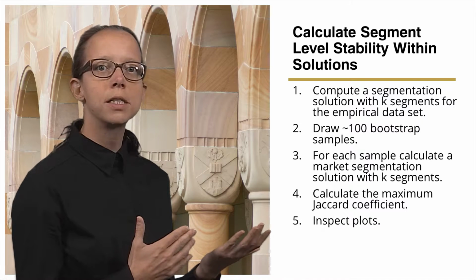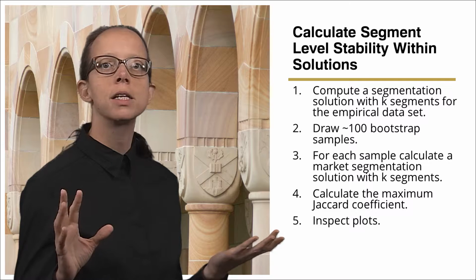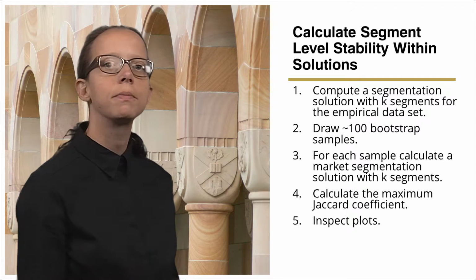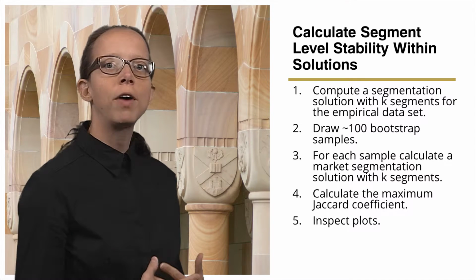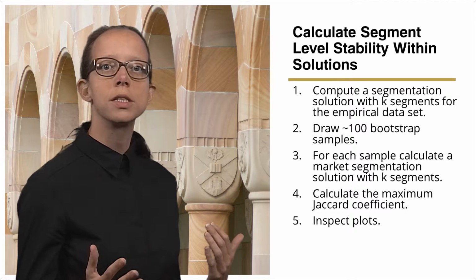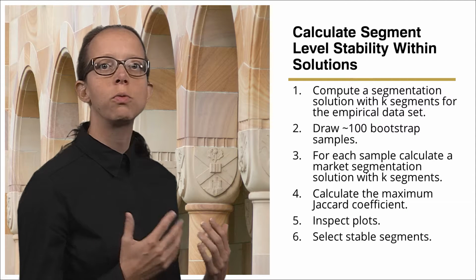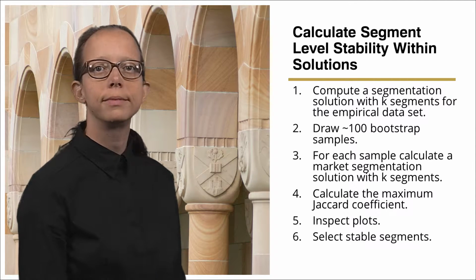We then plot the maximum Jaccard coefficients for all bootstrap samples across all market segments and inspect those plots. The plots provide insight into how stable each individual market segment is for this dataset. Based on this plot, we can choose which segments to inspect further.